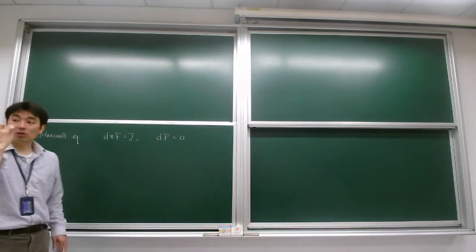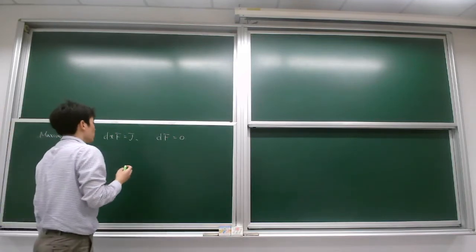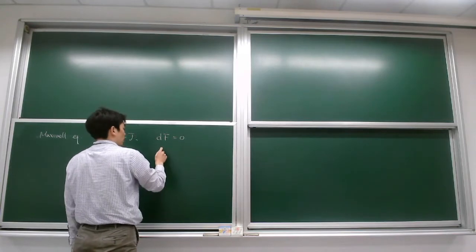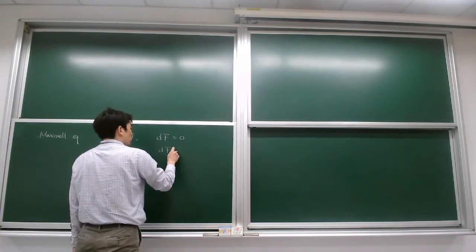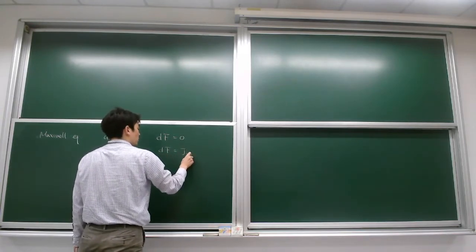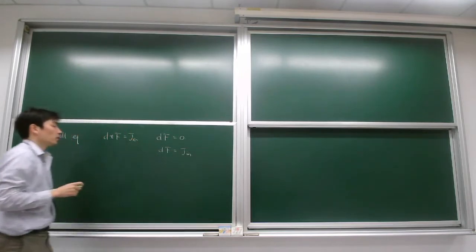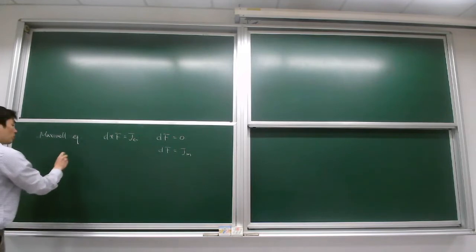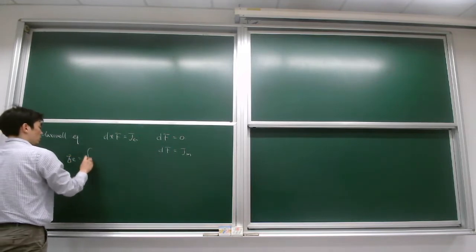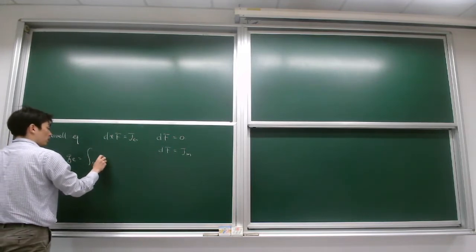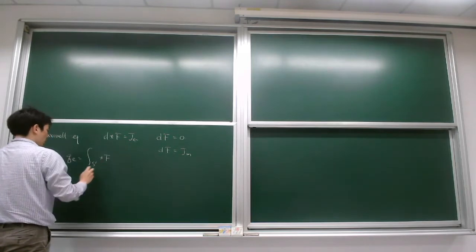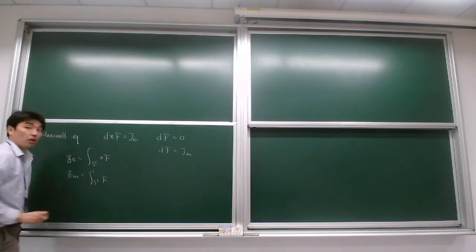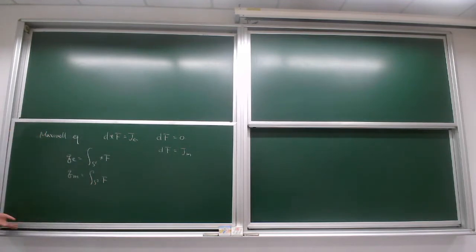But if you assume there is a magnetic monopole, you can define an electric current and a magnetic current, so that the electric charge Q_E is the integral of star F, and the magnetic charge Q_M can be understood as the integral of F over the 2-sphere.